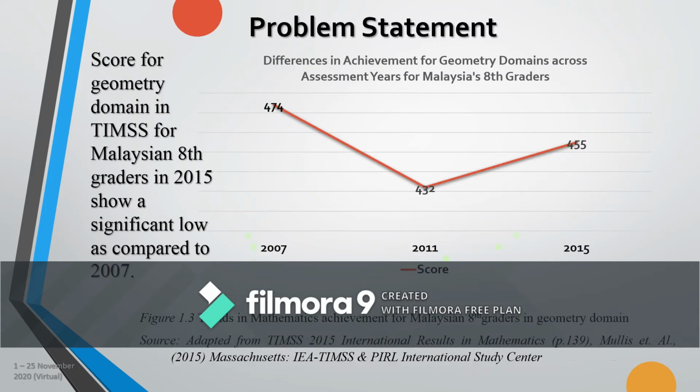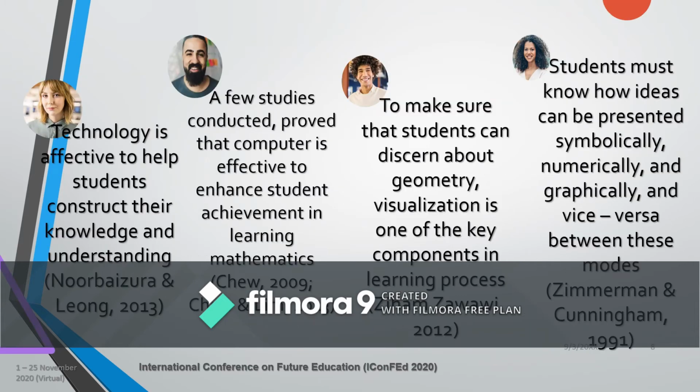While based on TIMSS results, the differences in achievement for the geometry domain across assessment years from 2007 to 2015 show that Malaysian 8th graders still show a significant low as compared to 2007.